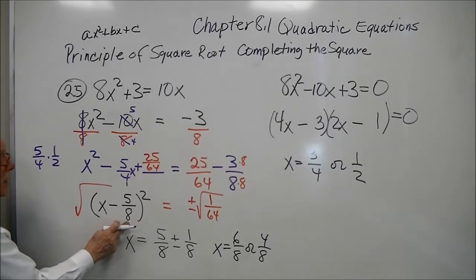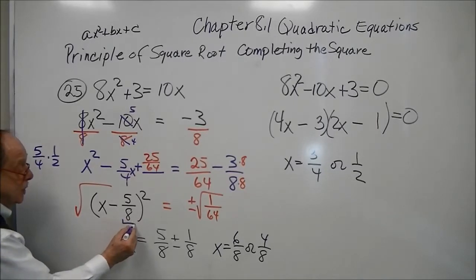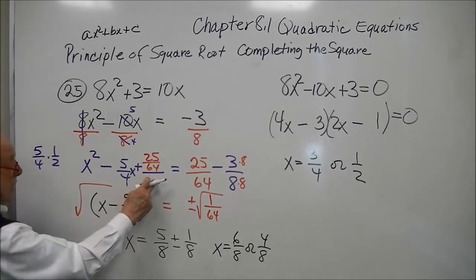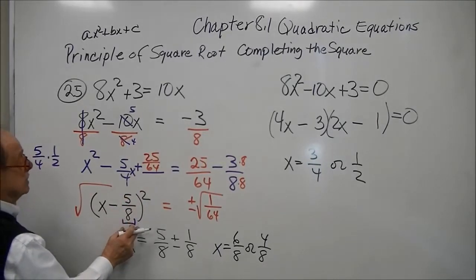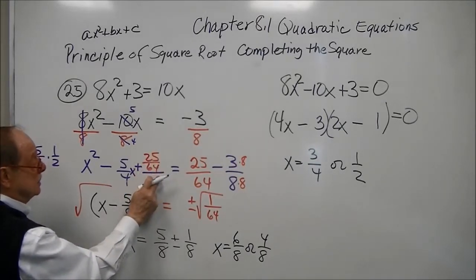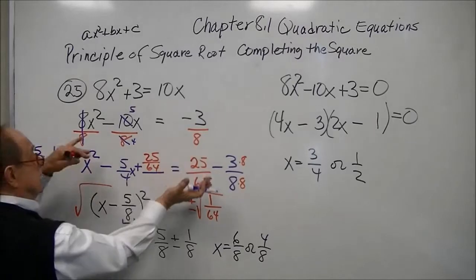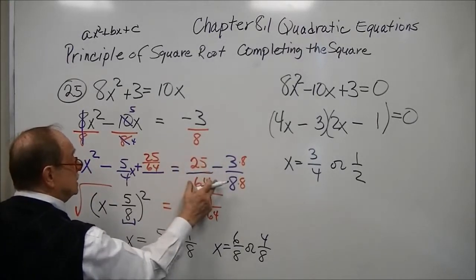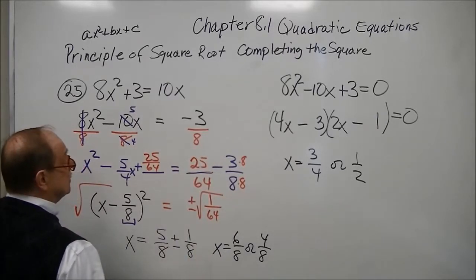So that's where I get that. And then now I have to square this to get my c term. So I square 5/8 and get 25/64. Now to keep this an equation, I have to add my 25/64 to the other side as well.